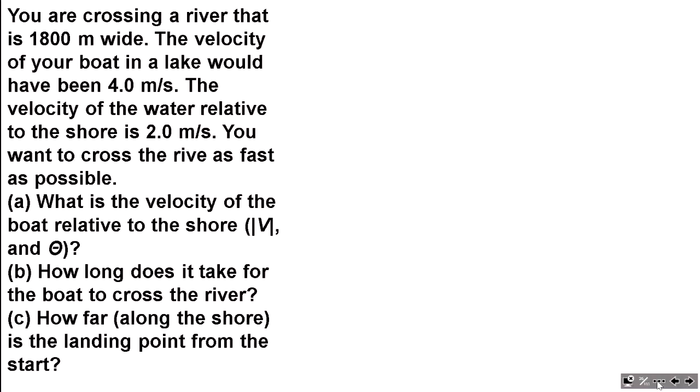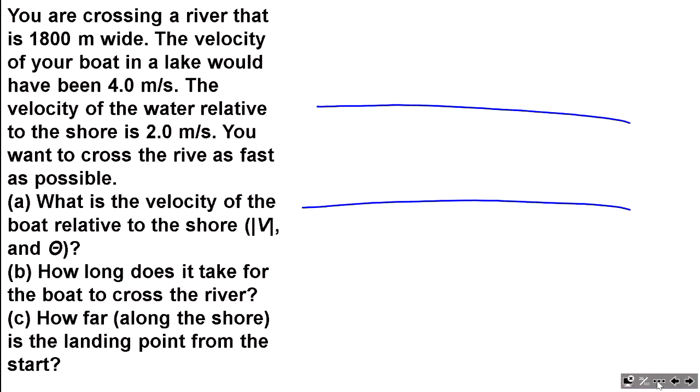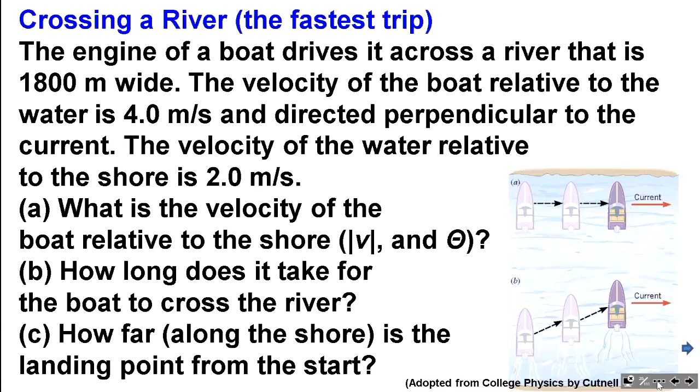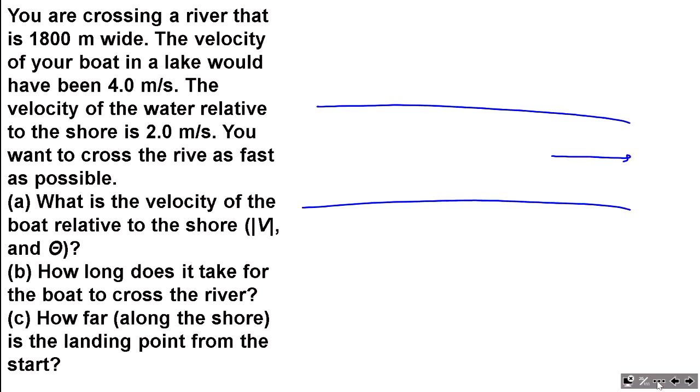So we want to be consistent with this picture. The stream points to the right in this situation. This arrow represents the velocity of the boat. No, sorry. The velocity of the river, stream, water relative to ground, shores, a tree on the ground.